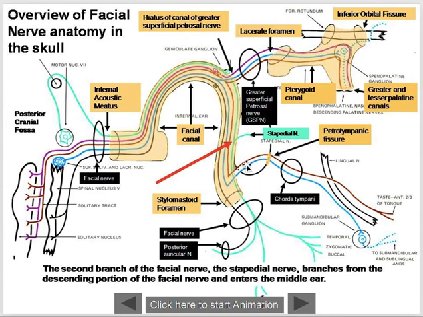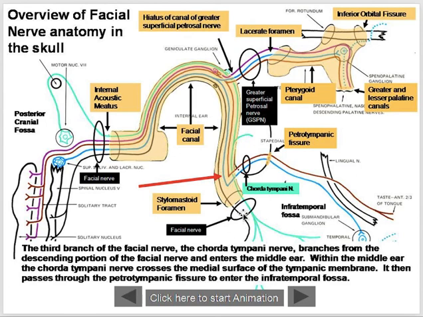And here they are showing you again the second branch of the facial nerve, which is the nerve to stapedius, which it gives within the bony canal, within the middle ear. And then they are showing you the third branch of the facial nerve, the chorda tympani, which is supplying the tongue as well as the submandibular and sublingual glands.